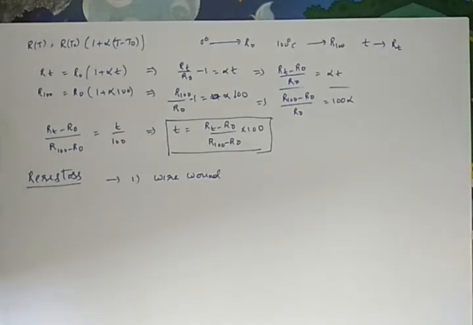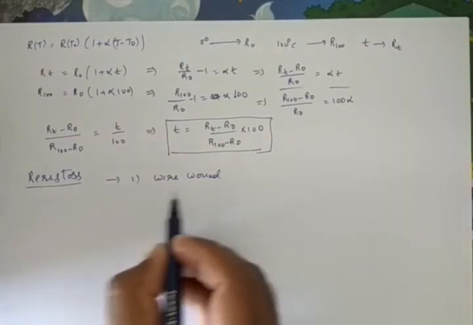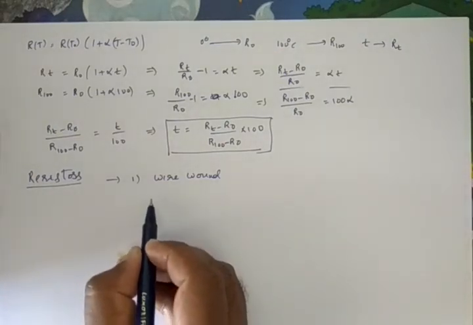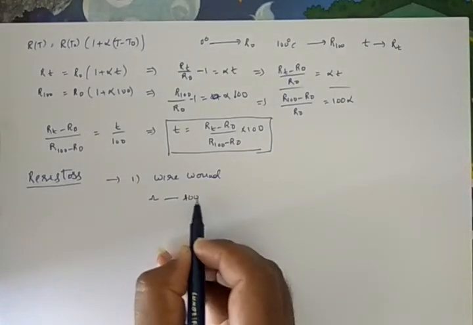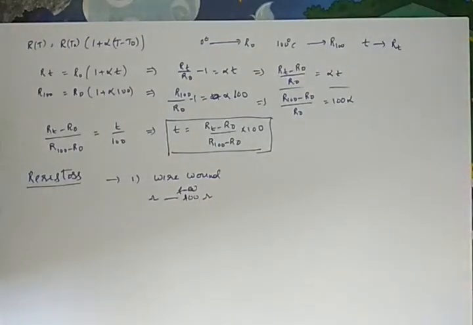If the resistivity is highly insensitive, then the resistance of that material will not be altered when there is a fluctuation in temperature. And by using this, you can prepare resistors of a few ohms to a few hundreds of ohms.